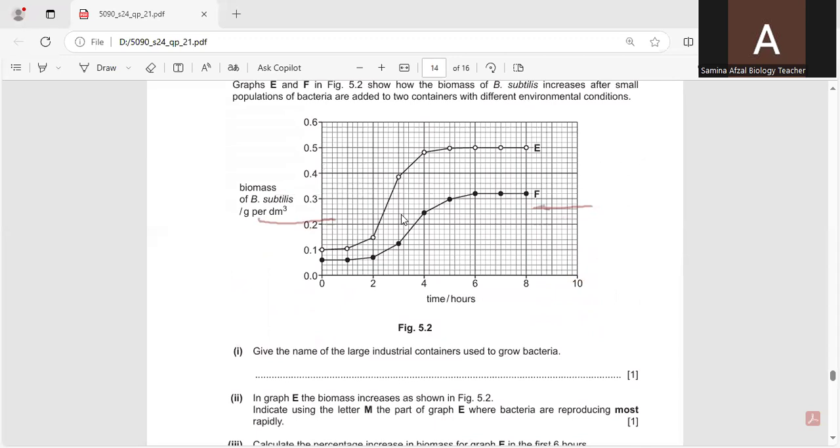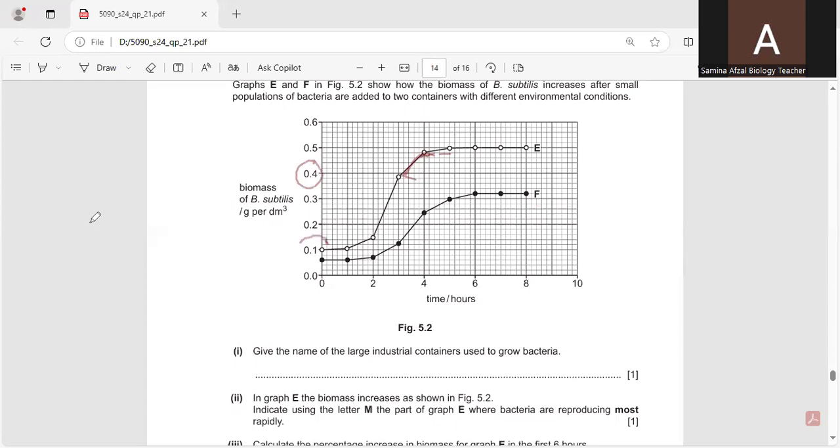So you can see that at the point where the growth has started on graph E, it has started the growth, and then you can see this is 0.4.